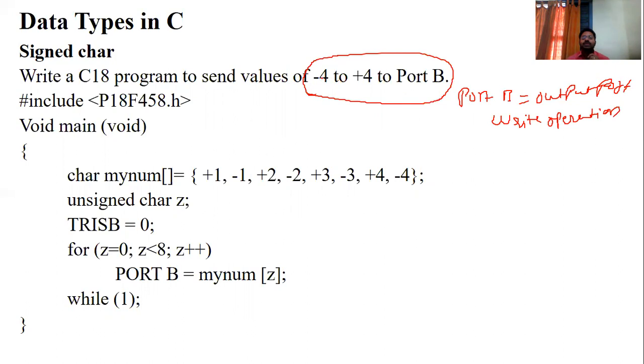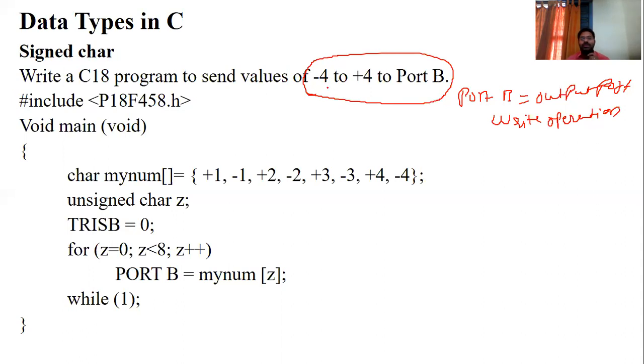Or simply, the same program could be given as: write a C program to send the values plus 4 to 4 to port B. In that case, we may use the unsigned character, but here they are specifically using the minus 4 to plus 4 values. So that's why you must use the signed character only.